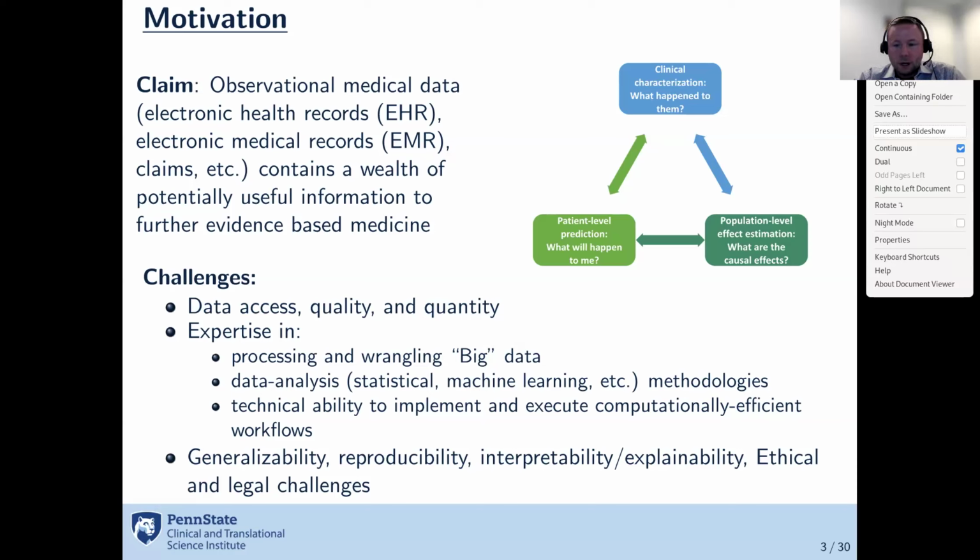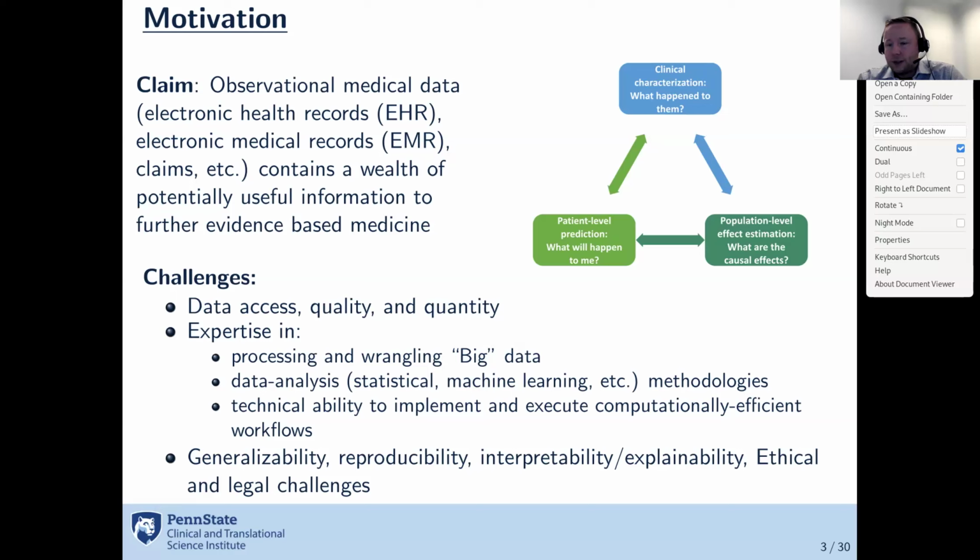Of course, there are other ethical and legal challenges anytime you deal with healthcare data. Then there is generalizability of results. A lot of times a paper will come out and focus on a very narrow patient population, maybe in one hospital system in some corner of the country. How do those results apply to the broader population?